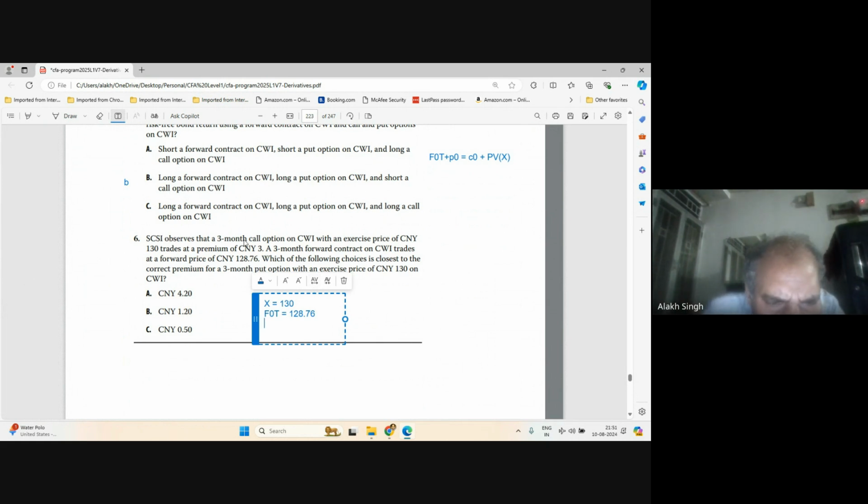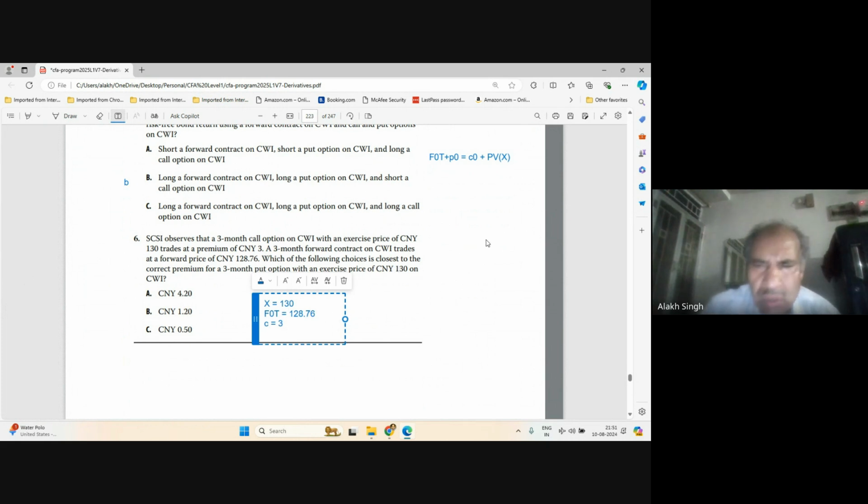So the 3-month call with an exercise price of 130 trades at a premium of C, so C is equal to 3. Which of the following choices is the correct premium?